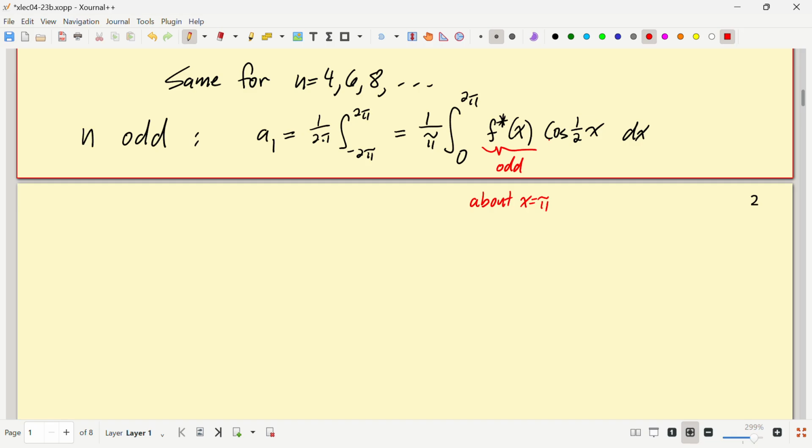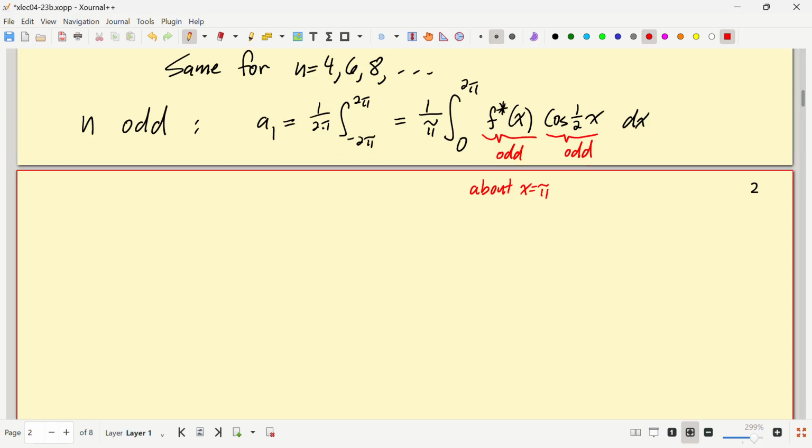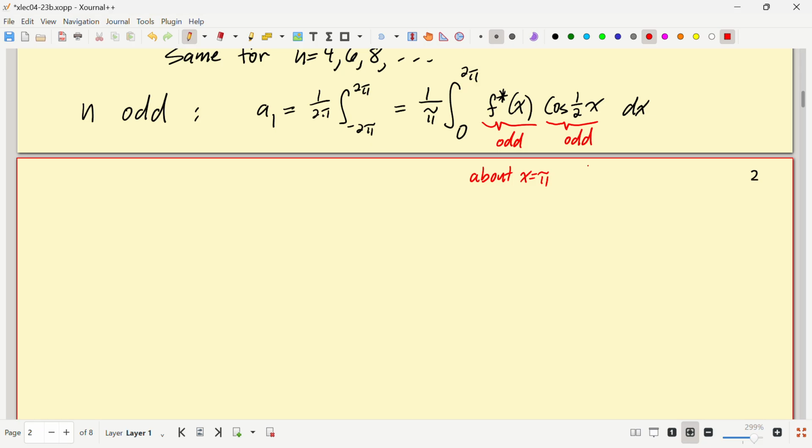Let's see, cosine of pi over 2 is 0. Yes, it's odd. Okay, so that's odd about x equals pi. And so when you multiply two odd things, you get something that's even.